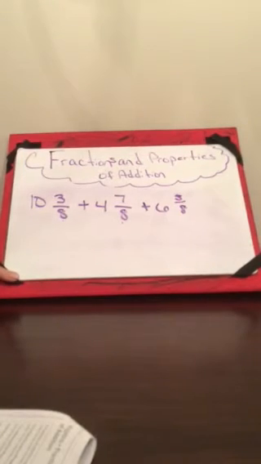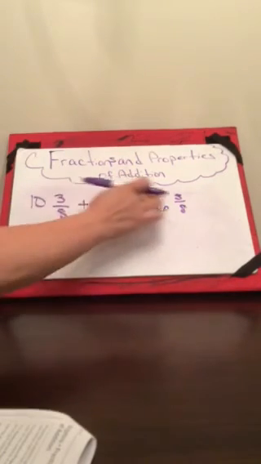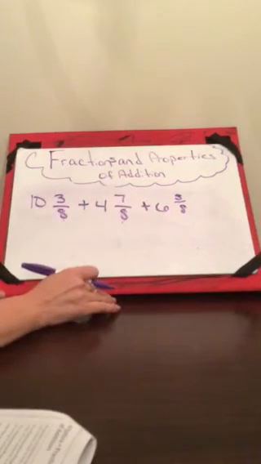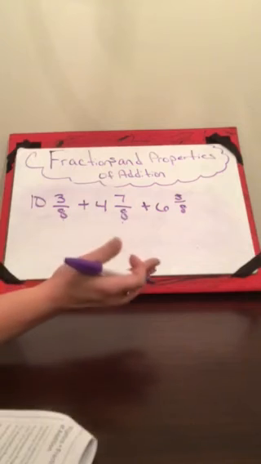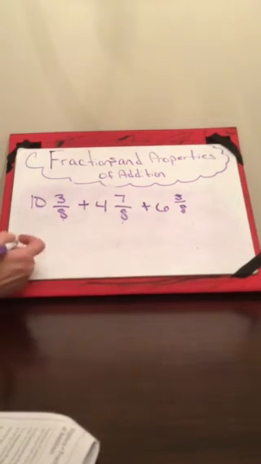So I'm going to use the commutative property to order the addends so that the fractions with the sum of 1 are together. Okay? So I'm going to look at these and think, how could I order these where I could get 1 whole? Because that would make it easy for me.